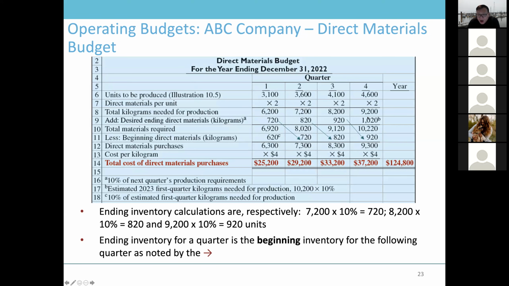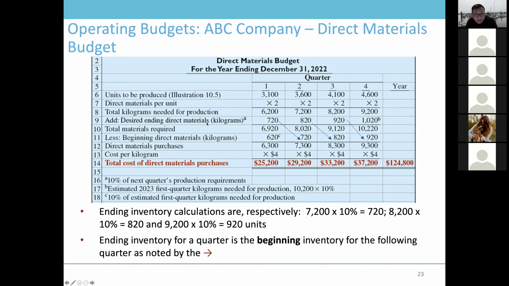So that's my target balance for the raw materials, right? And what's the cost for each kilogram? So you are targeting that your ending direct materials inventory balance for the year end would be 1020.